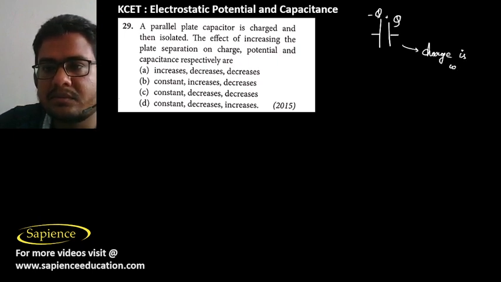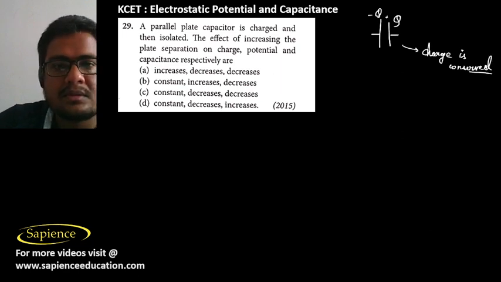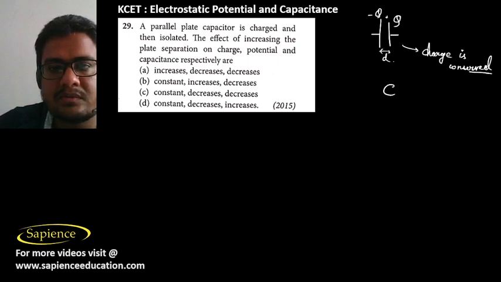Then it's told the plate separation d is increased. The capacitance C equals epsilon naught A by d. Now if the plate separation is increased, the capacitance will decrease.